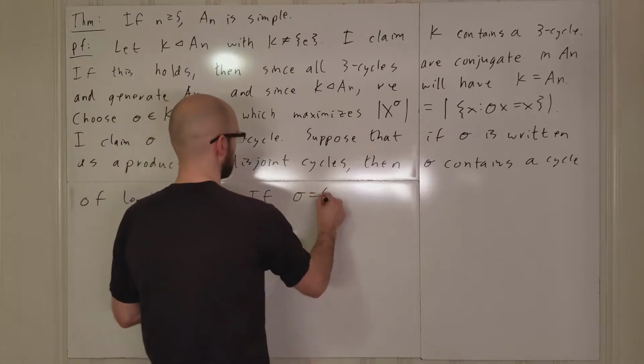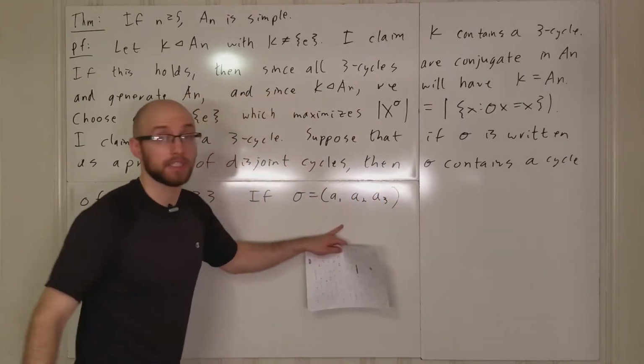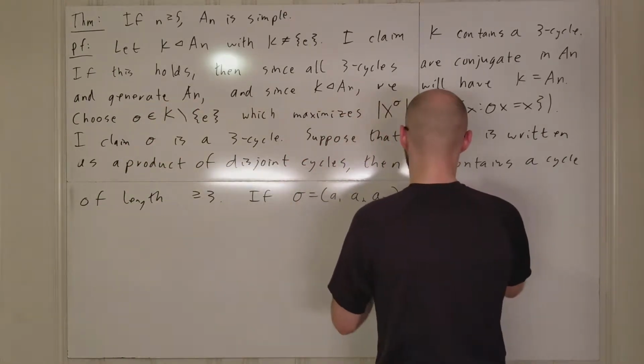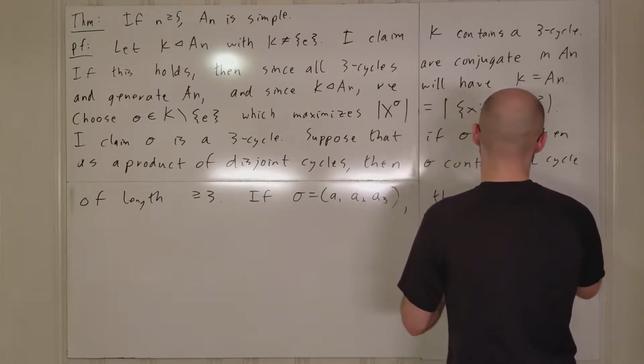So if it happens to just consist of one 3-cycle, which contains 3 indices, a1, a2, a3, then we're done, because that's what we want.